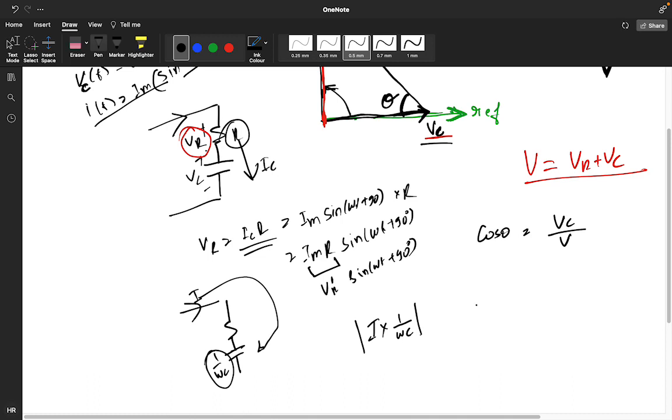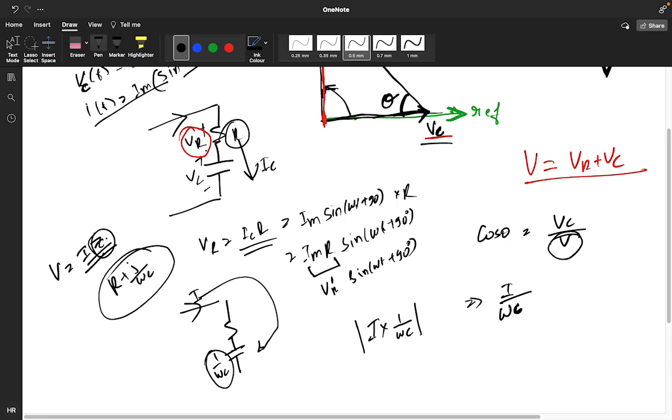So this VC will be I upon omega C. And what will be the capital V? V is equal to I into Z. Right? R plus j omega C. So I am taking the magnitude part only, that's why I am considering only Z. So I into Z. So this I will cancel out.